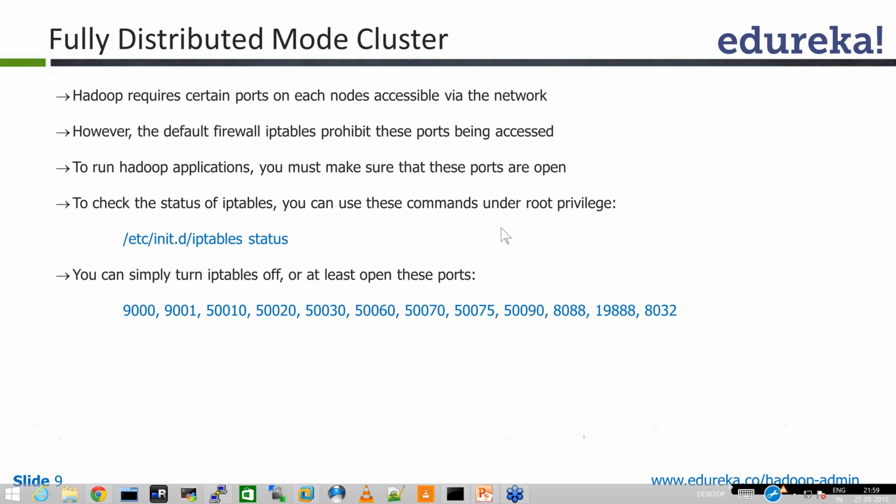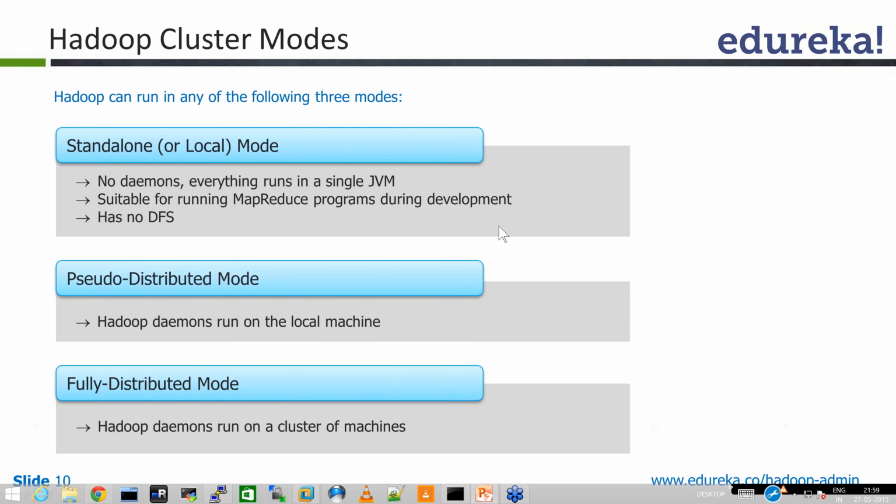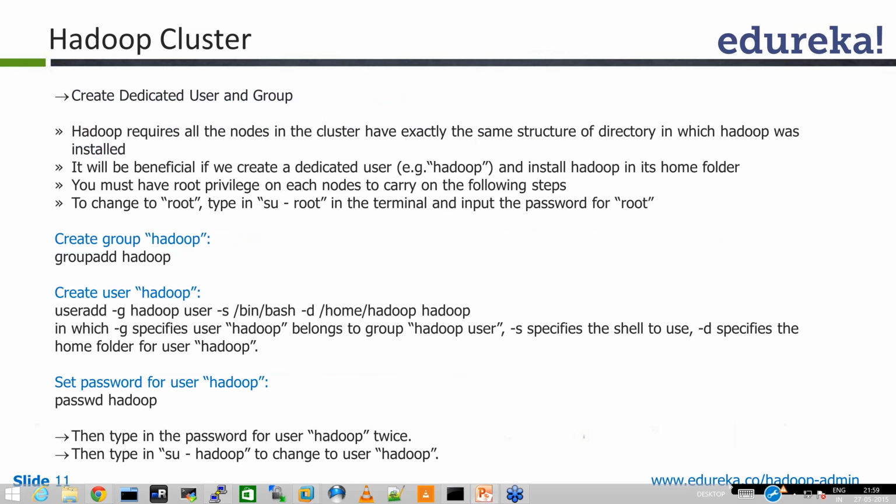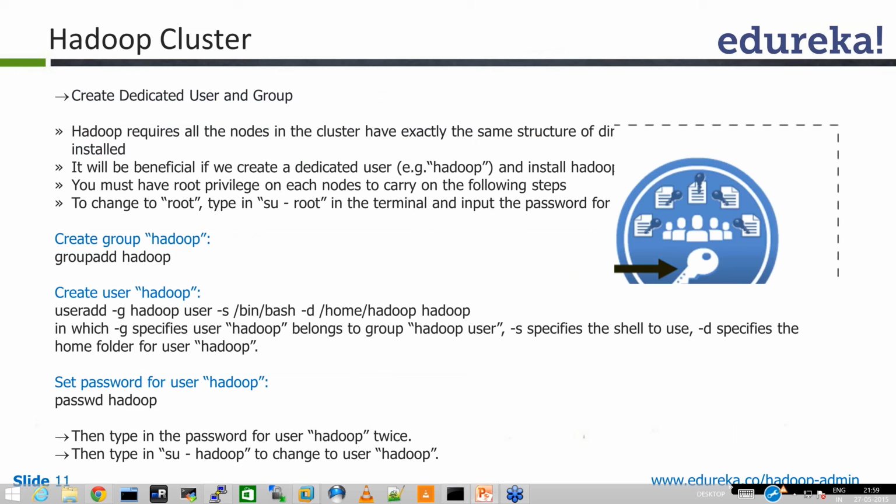For example, here I am having these three modes. I can run my cluster in all these three modes: standalone mode cluster, pseudo distributed mode cluster, in which my Hadoop cluster runs on a single machine, and the fully distributed mode cluster, in which the Hadoop daemons run on a cluster of machines. This is what I'm following to build the Hadoop cluster here.